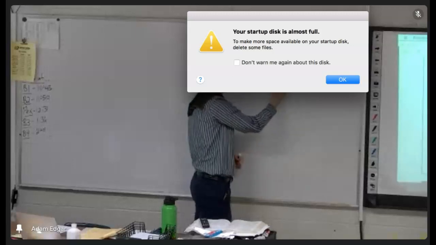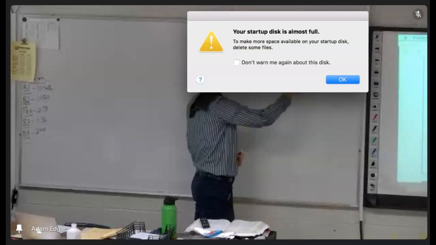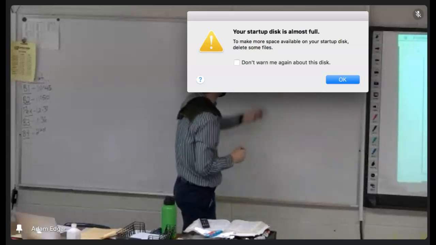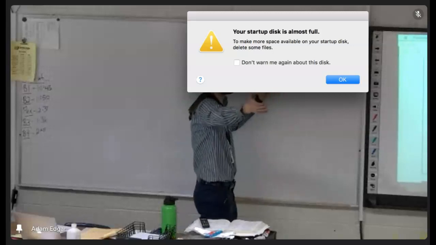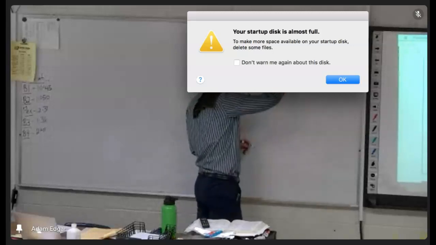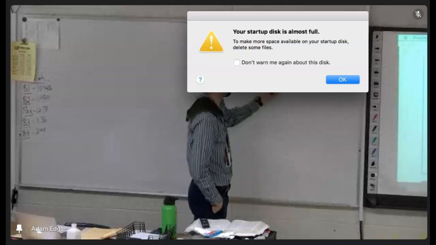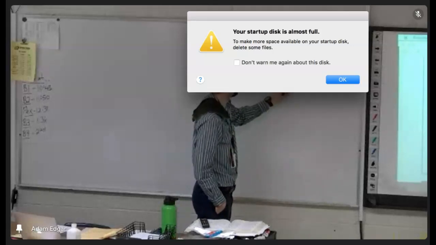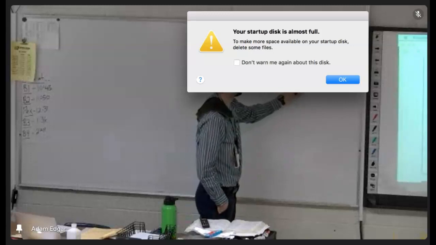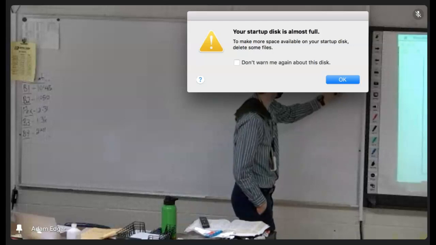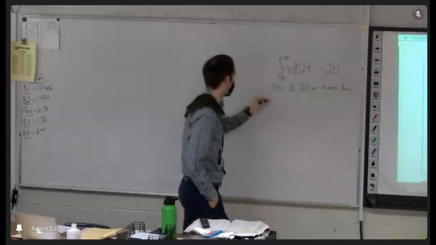So at time 0 to time 10, how far does the car move? We could say the car, from 0 to 10 seconds, is 20 meters away from where it started.